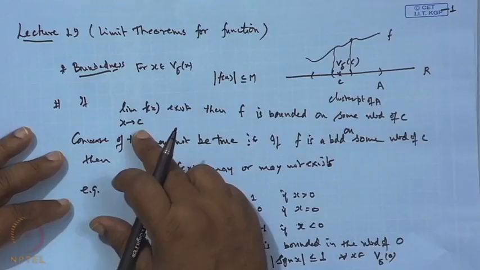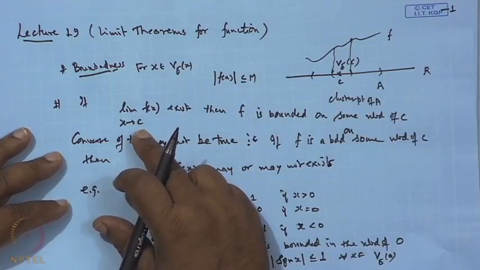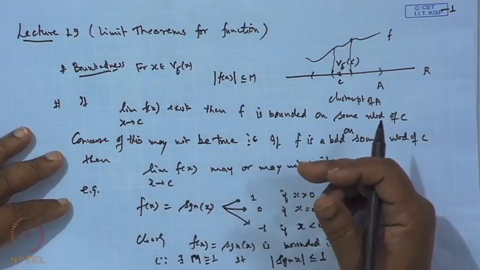So, when we say f is unbounded, it means at the point C the function is not defined. It is just like 1 over 1 minus x. At x equal to 1, the function tends to infinity. In fact, it is not defined, it goes to infinity: an unbounded function.